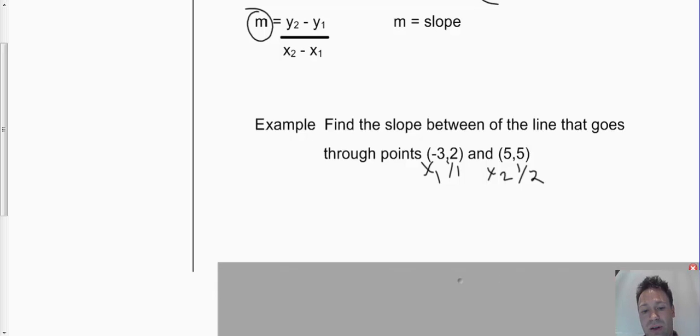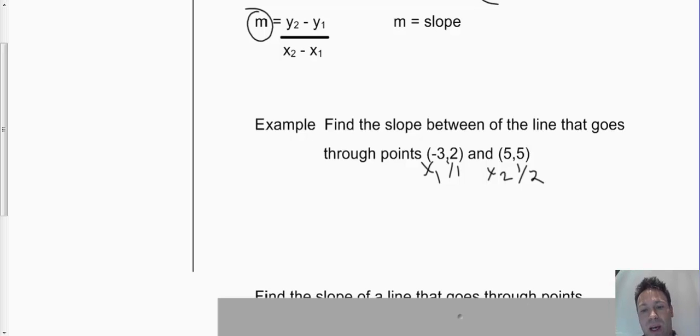So if I'm going to start this problem here, I'm going to say m is equal to y2, so my y2 is 5, minus y1, which is 2, divided by x2, which is 5, minus x1, which is negative 3. Don't forget, it's always subtraction, and carry your negatives with you.